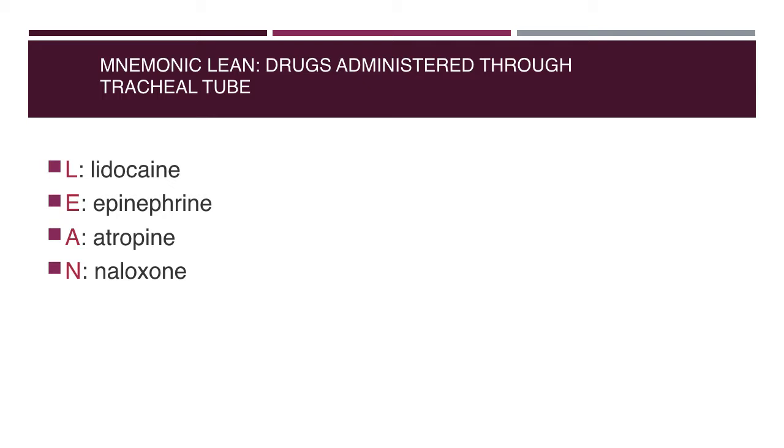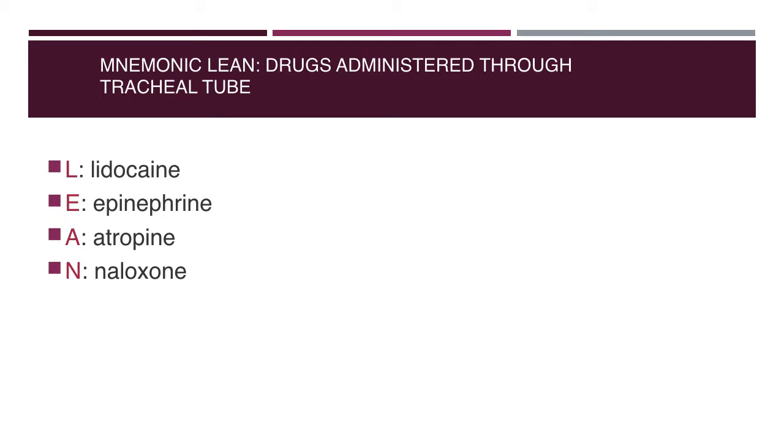some of the drugs that we may need to give in an emergency situation through a tube, if we don't have IV access, the mnemonic LEAN, LEAN, can help you to remember the medications that are able to be given through an endotracheal tube to be absorbed in the lungs and will be absorbed into the blood system through the lungs.